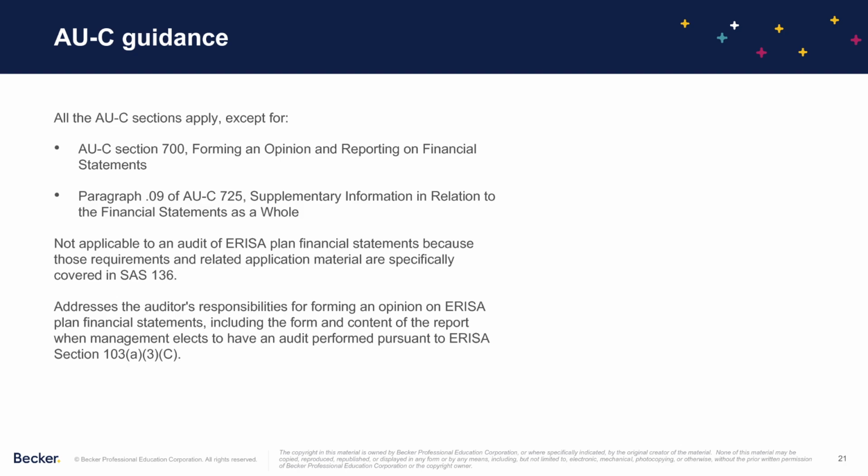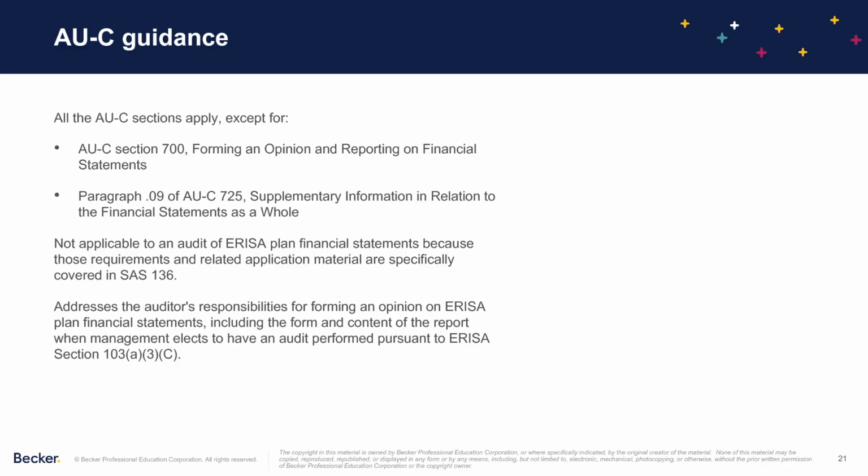So the only thing that we're scoping out here is AUC Section 700, which is the basic audit report. So when we think about what is covered in SAS 136, it addresses the auditor's responsibility for forming an opinion on ERISA plans, including the form and content, when we are going to have a 103(a)(3)(C) ERISA section audit.